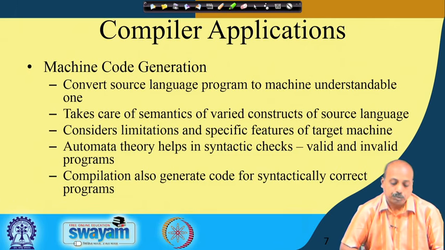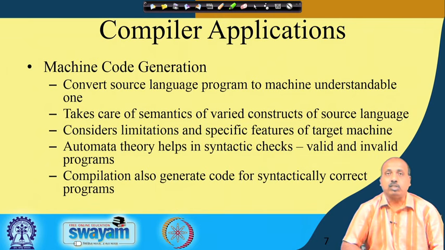Compilation also generates code for syntactically correct programs. If the program is grammatically correct, then the compiler should generate the code. These are the major operations done by a compiler in the machine code generation process.